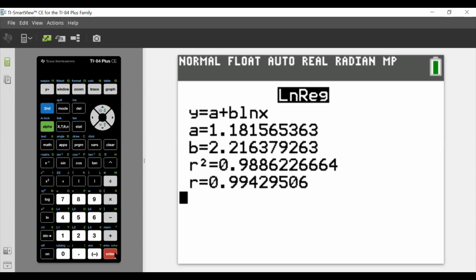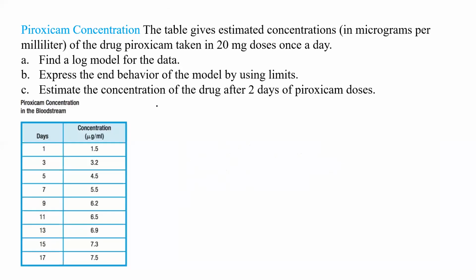So let's write this down. This is going to be part A. So A is going to be, now we're having C of D, I think is what I'll use for my function. And the log model we had was 1.182 plus 2.216 ln of D, because we're using D here.